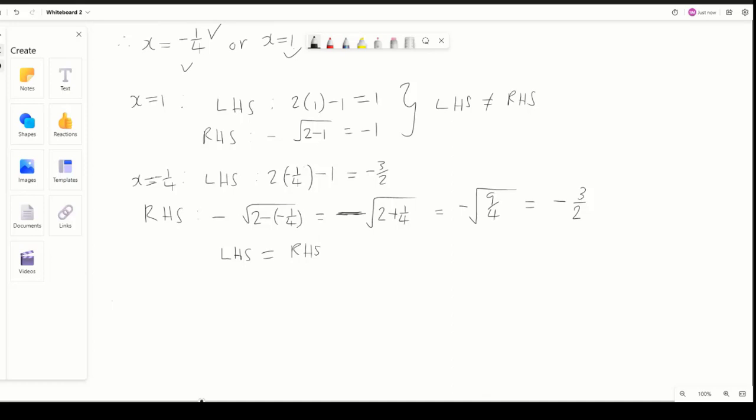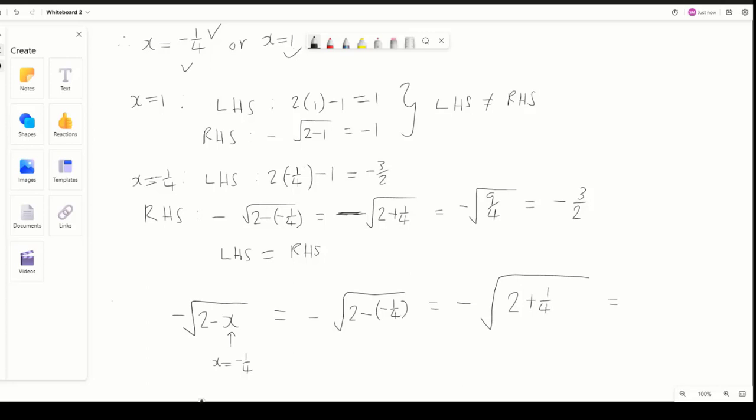For the right-hand side, remember the right-hand side looks like this. Now I substitute x equal to minus a quarter. So it's 2 minus, minus a quarter, so 2 plus a quarter.